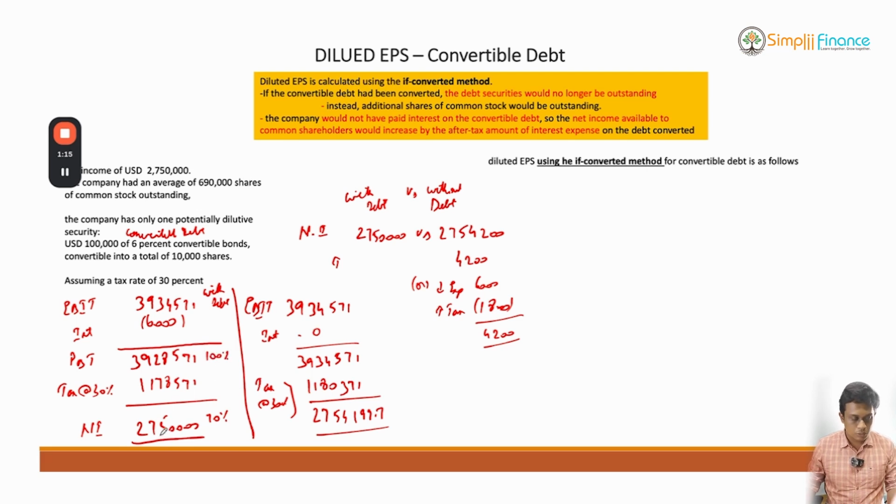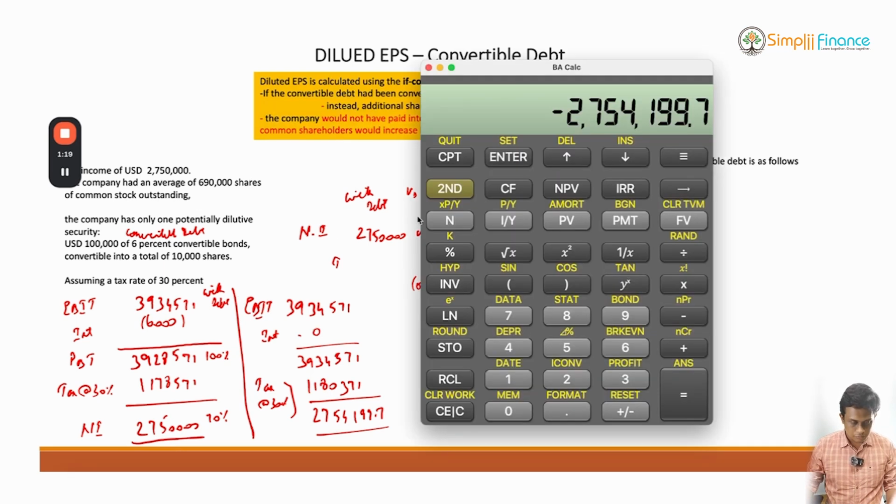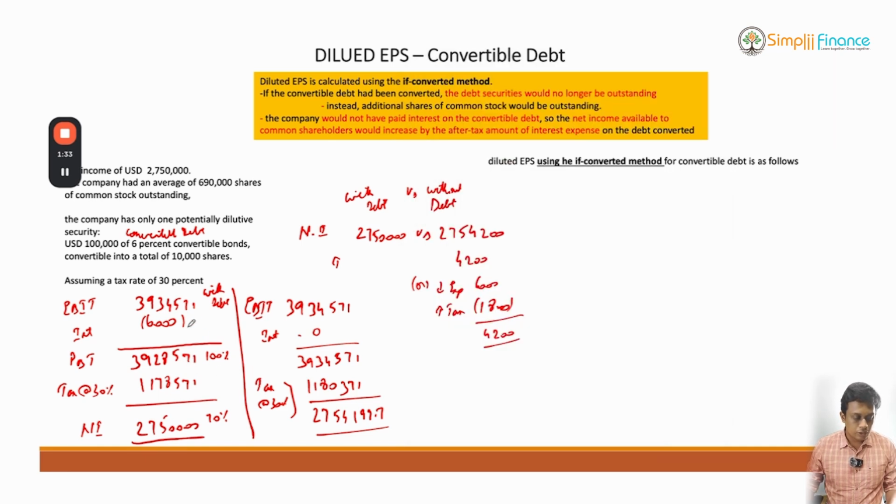So just doing the math once again, 2.75 million, this was the 70%. So this becomes the actual profit before tax, and this is after reduction of the interest of 6,000, and this becomes the earnings before interest and tax.